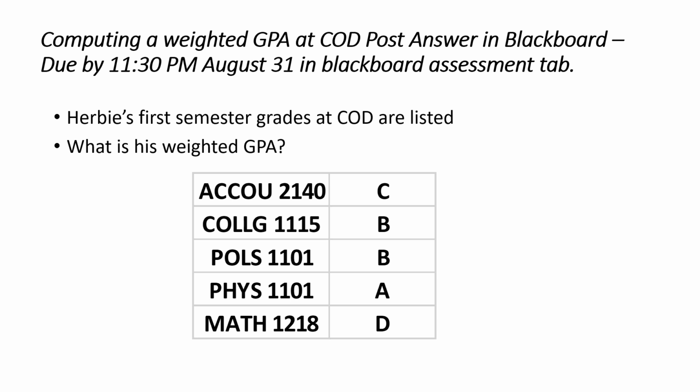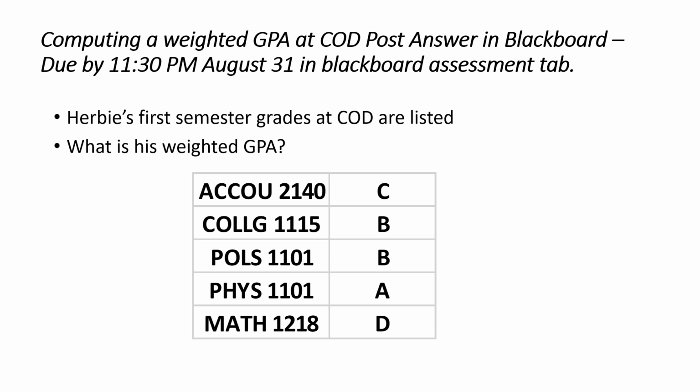It is important to me for there to be some kind of assessment happening. And so I am giving you something that I am going to expect you to turn in. And this will be due by 11:30 p.m. August 31st. And you're going to put this into the Blackboard Assessment tab. And so that's something that you want to go there, see where it is.